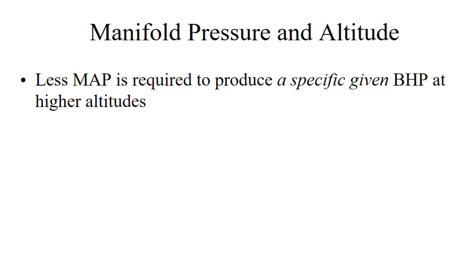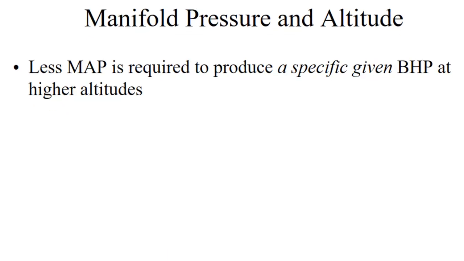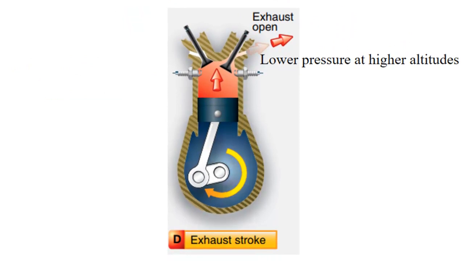But for a specific brake horsepower setting, so for instance a cruise, you actually need less manifold pressure to give you that same brake horsepower if you're at a higher altitude. And there are a couple of reasons for this. One is that on the exhaust stroke, as the piston moves up and pushes the exhaust overboard, if it's lower pressure outside, it's easier for that piston to push the exhaust overboard.